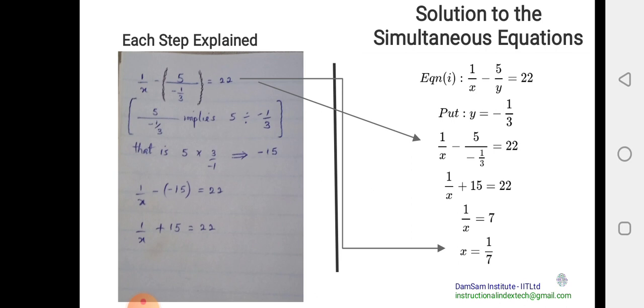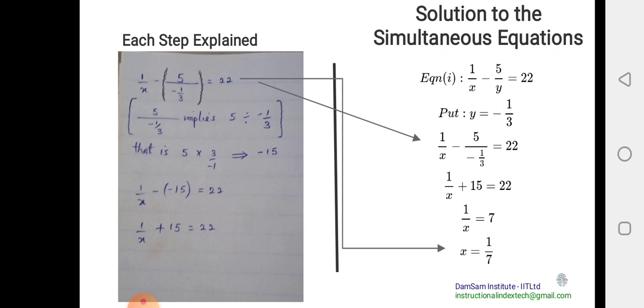We have 5 all over -1/3, which implies 5 divided by -1/3, and the reciprocal of -1/3 will be taken when we change the division to multiplication, and that becomes 5 times 3 over -1, which is -15.